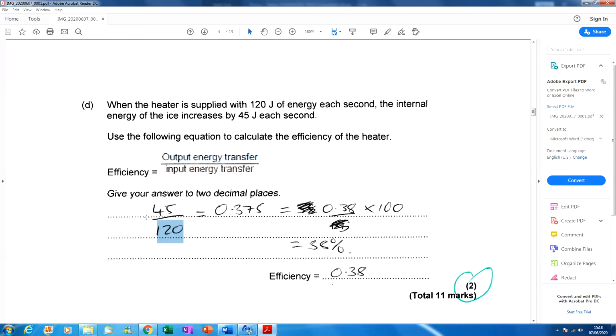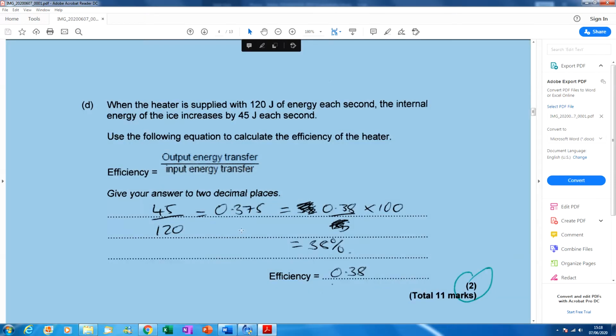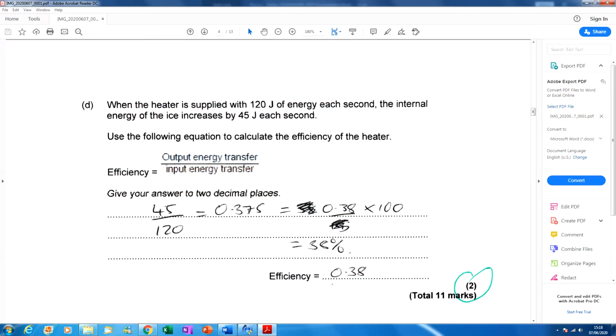So that calculation gave you 0.375, and because it says to 2 decimal places, the 5 here tells you that you need to round the digit before it from 7 up to 8.